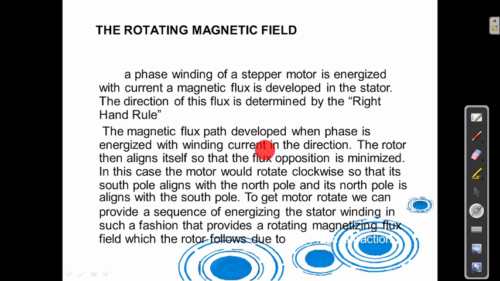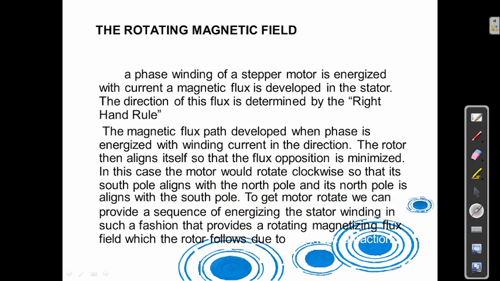The rotor then aligns itself so that the flux opposition is minimized. In this case, the motor would rotate clockwise so that its south pole aligns with the north pole and its north pole aligns with the south pole.